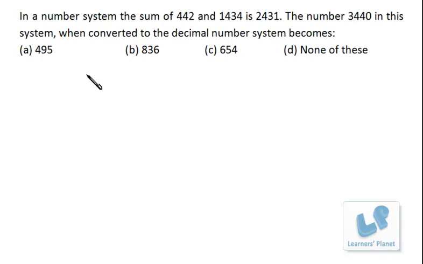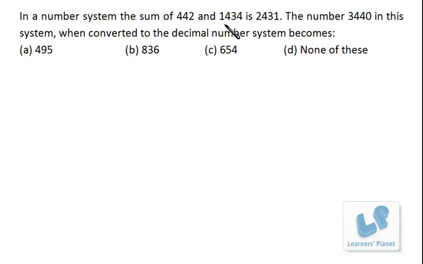So we are here with a question that which number system is this? Since we see the digits used as 1, 2, 3, 4, that means the number system should be more than 4, because in 4 number system 4 is written as 10.